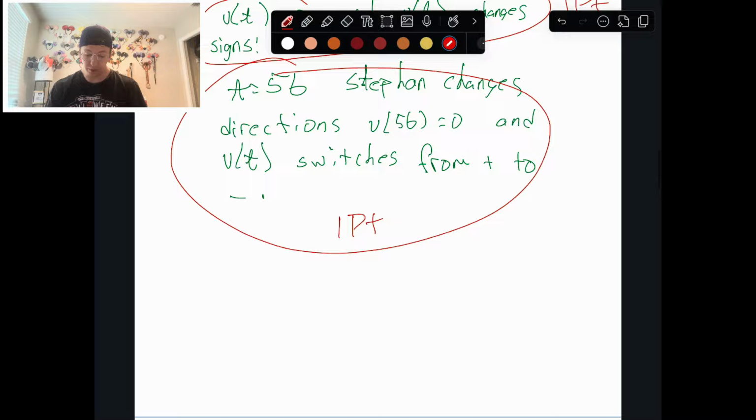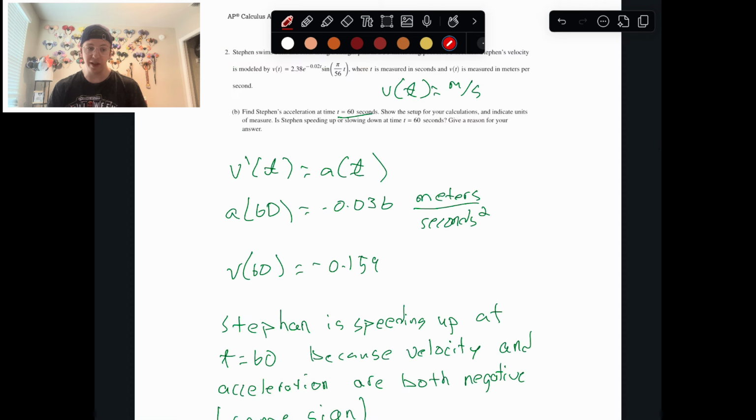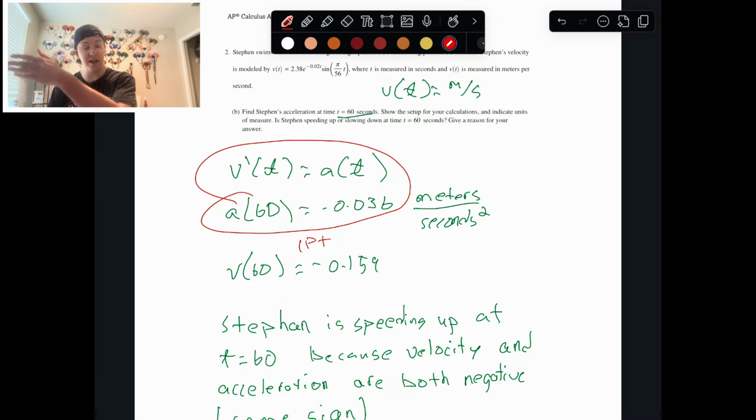Problem number 2. This one was worth 3 points, surprisingly. The first point came from getting a of 60 is equal to negative 0.036. That gave you a point. You also needed that setup of saying v prime of t is equal to a of t.